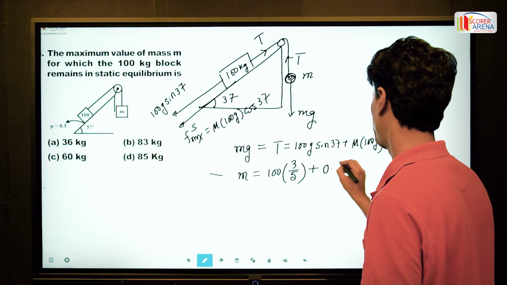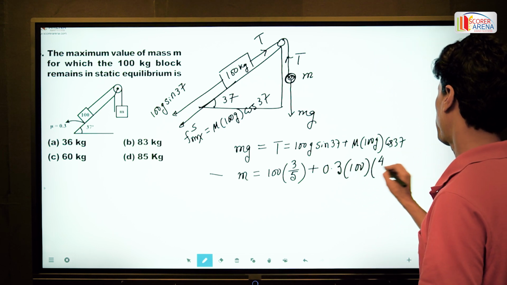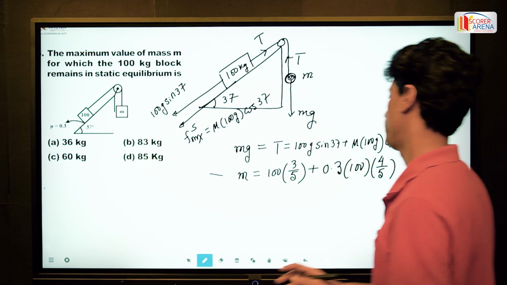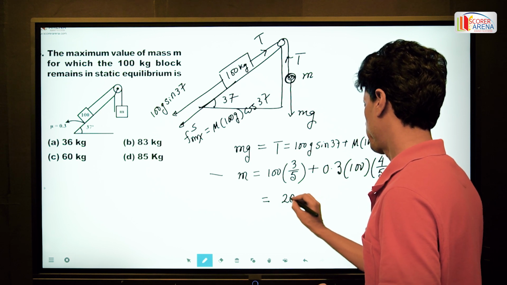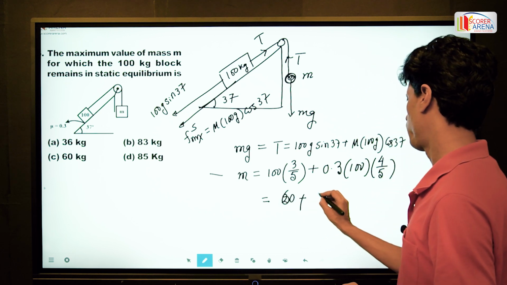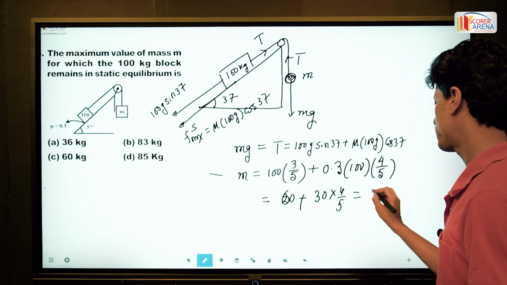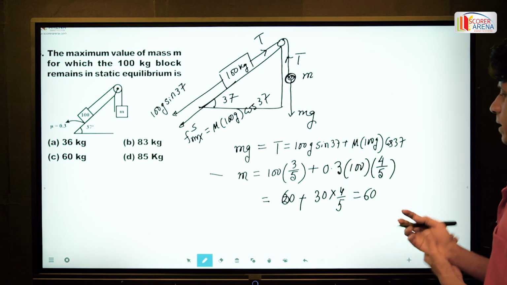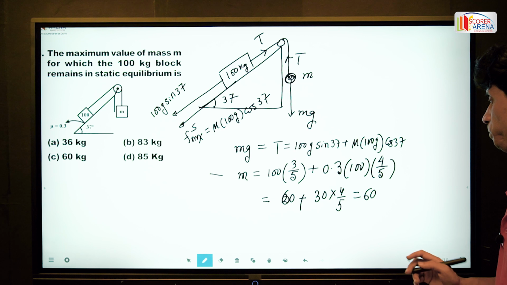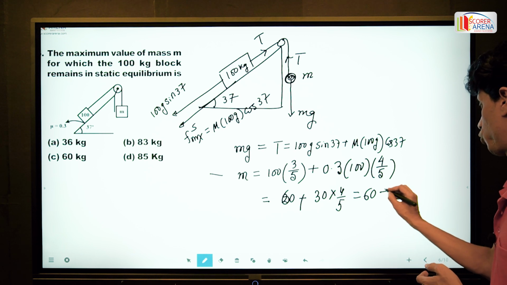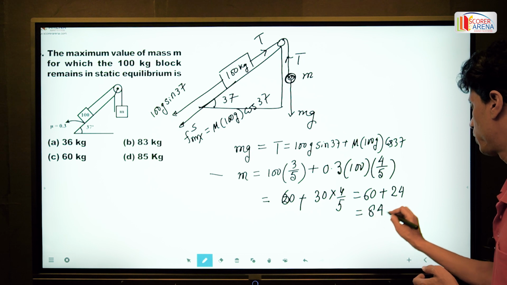So this is 100 into 3 by 5, which is 60, plus 30 into 4 by 5, where cos 37 is 4 by 5. So 60 plus 24, and this value is 84 kg.